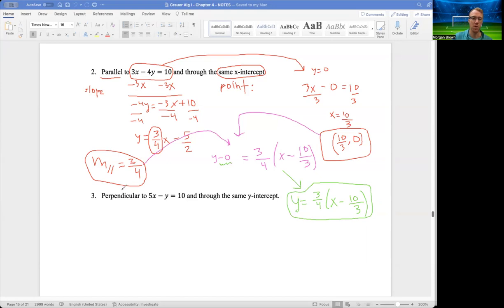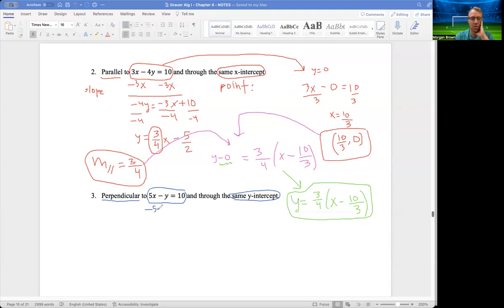Okay, next up, now we're going perpendicular, and we want to be perpendicular to this line through the same y-intercept. So we're going to have to find the y-intercept, and that will give us our point. We're going to have to find the slope of this, and then we're going to have to take the negative reciprocal. So same process as above, just with slight tweaks to it. So how do I find the slope of this line?